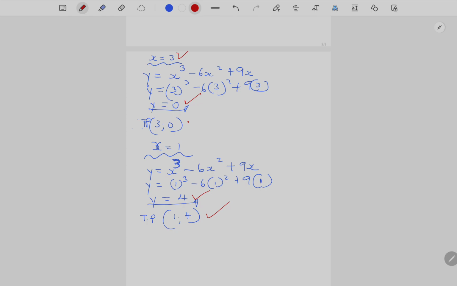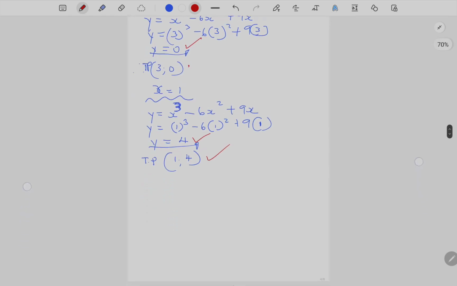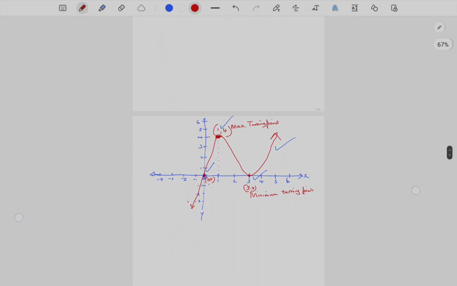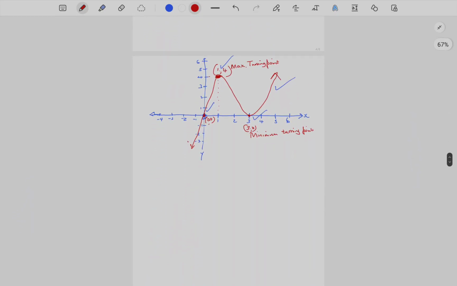Then we've got all the points. Now let's plot the points on the graph. The graph is already done. So we have the point (0, 0) for the y-intercept. Then we have the turning points, (1, 4) and also (3, 0). (0, 0) was the point for the y-intercept.